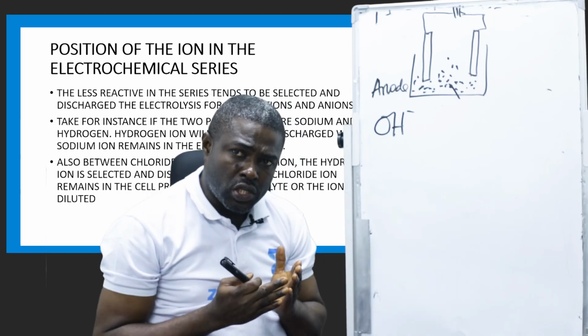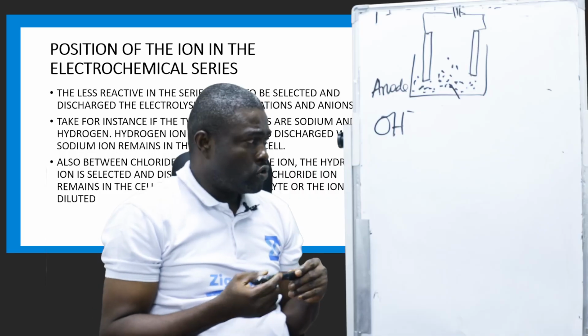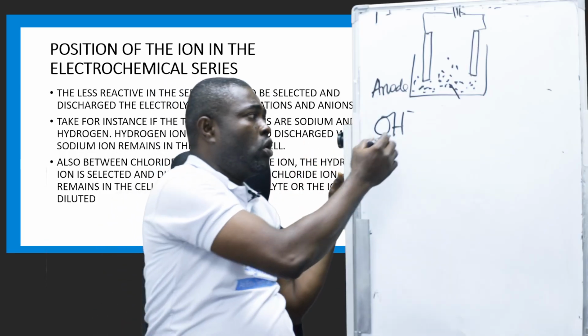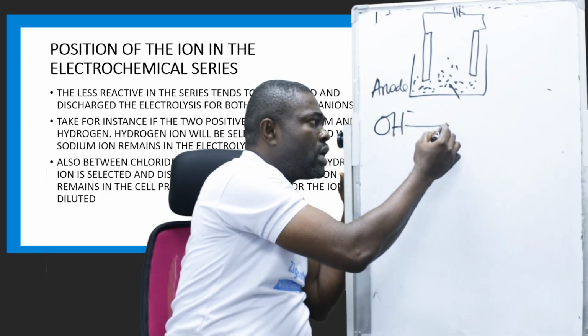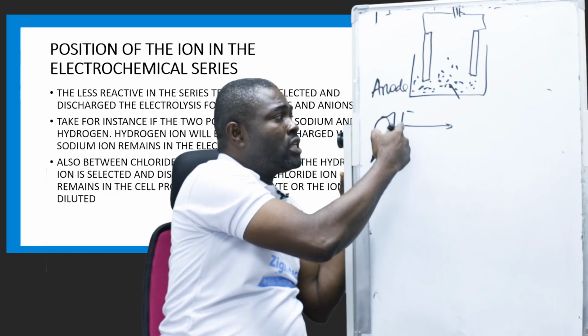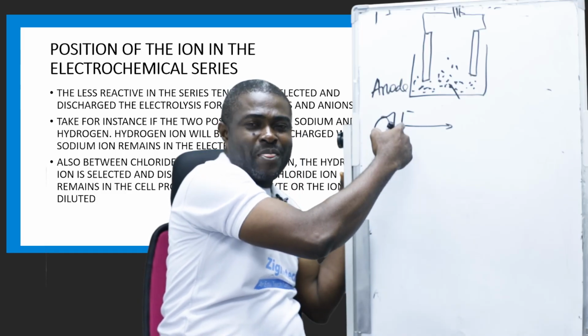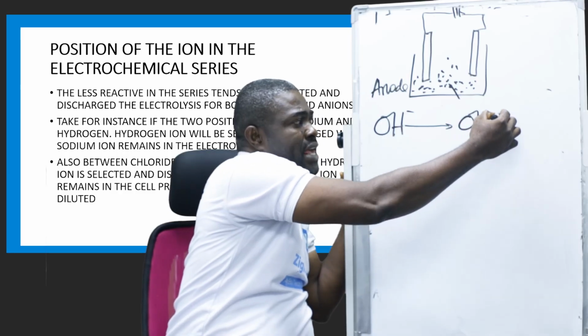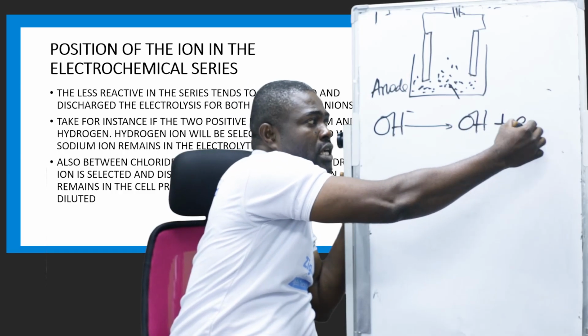What is oxidation? It is loss of electron. That means when OH minus gets to the anode, the OH loses an electron. For it to lose an electron, it should produce the neutral form, which is ordinary OH. So this minus will appear here in the form of an electron, e minus.